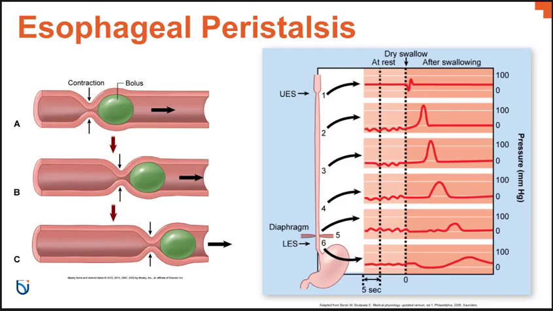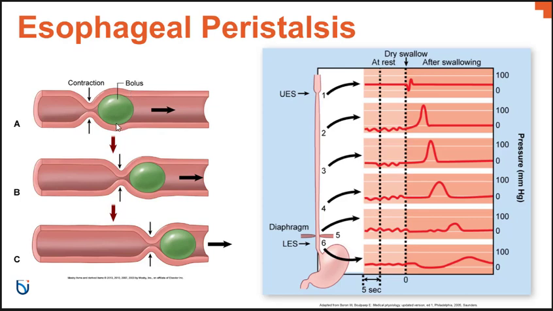Let's have a look now at the term peristalsis. Peristalsis is oftentimes described as being this wave-like ripple of the muscular layer of an organ. And it's not just specific to the esophagus, although we're talking about the esophagus on this slide. What happens is, if this is the esophagus, a bolus of food is going to stretch the GI wall.